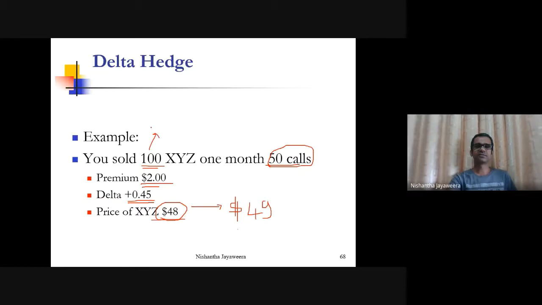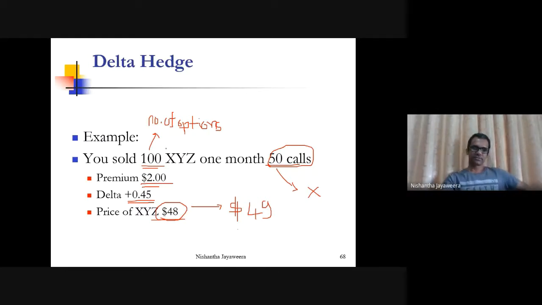This is the number of options, this is the strike. My question is, what would happen if the underlying price moves from 48 to 49?